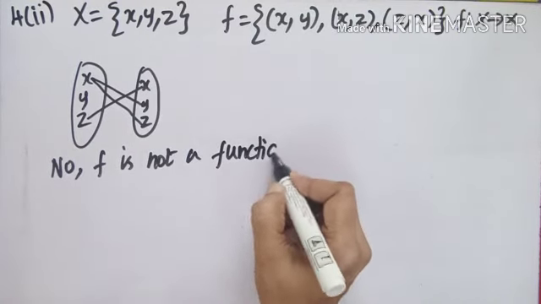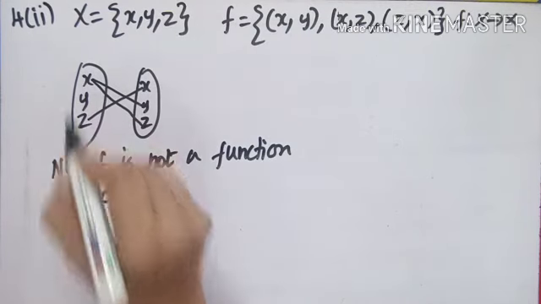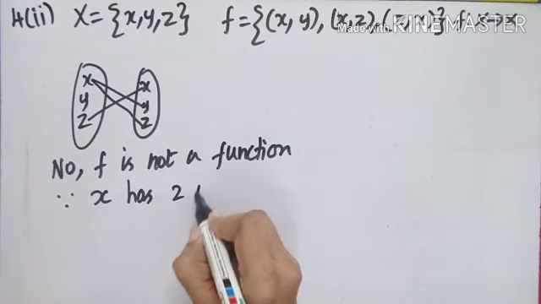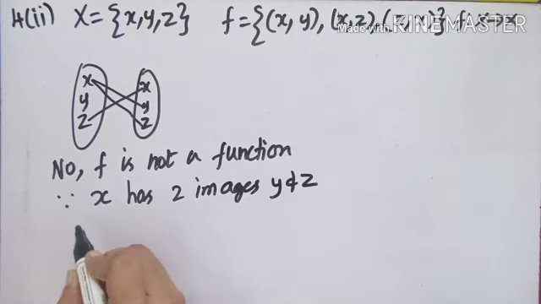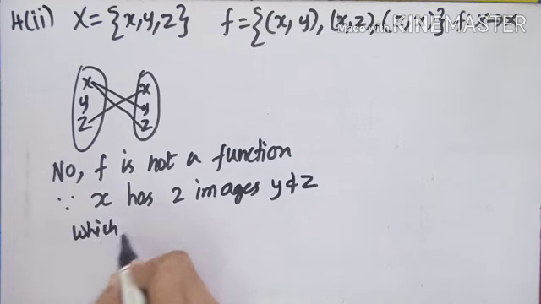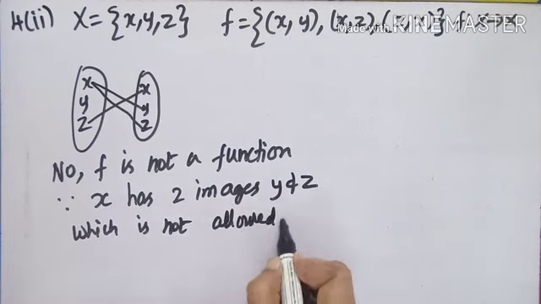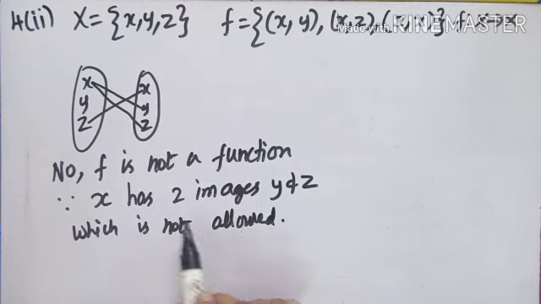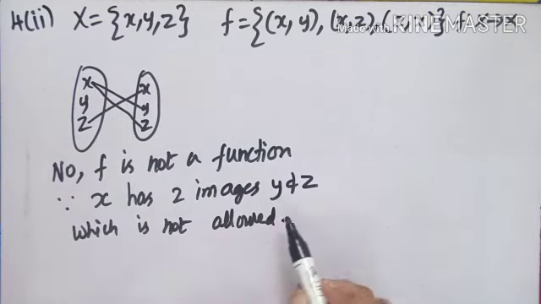Why do you say it is not a function? Because x, this element, has two images, y and z, which is not allowed. So we will say every element should have only one image. If any element has two images, it is not at all a function.